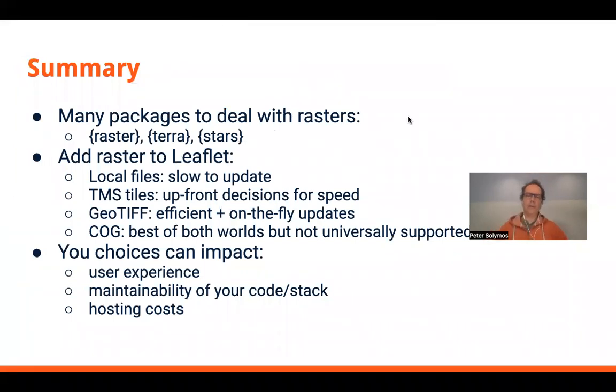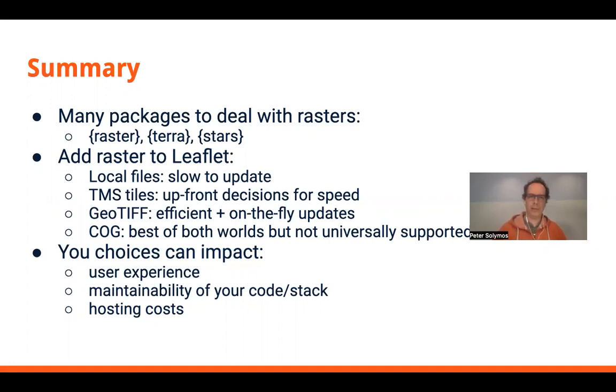We talked about raster datasets in general, that those are just big matrices or arrays if you have multiple bands, and there are quite a few R packages that you can use to deal with raster files, including the raster, terra, and stars packages.